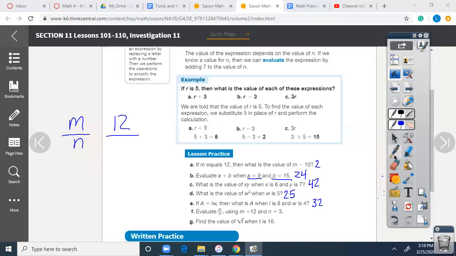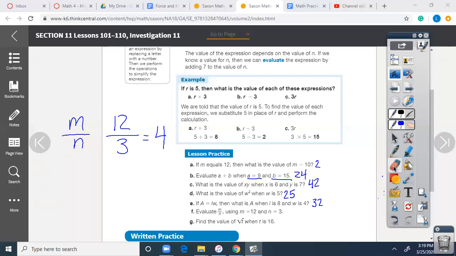And N is 3, so I'm going to put 3 right there. And then we're not going to leave it like this. We're going to actually evaluate it or solve it. 12 divided by 3 equals 4. We talked about this a few days ago as well. Okay. And G, our very last one.